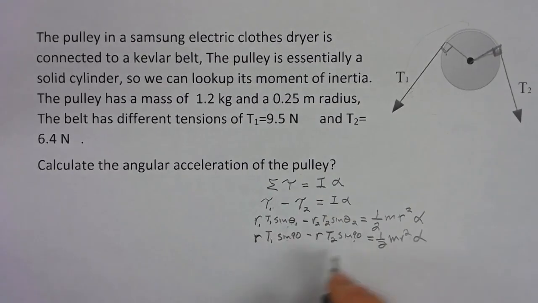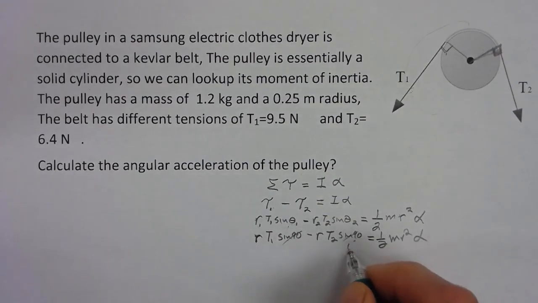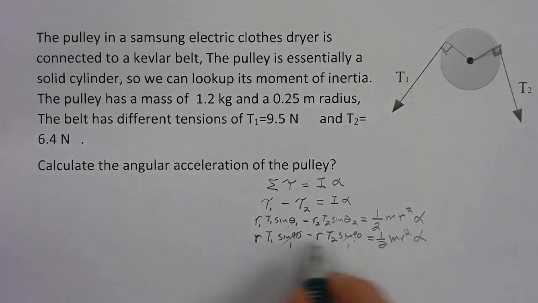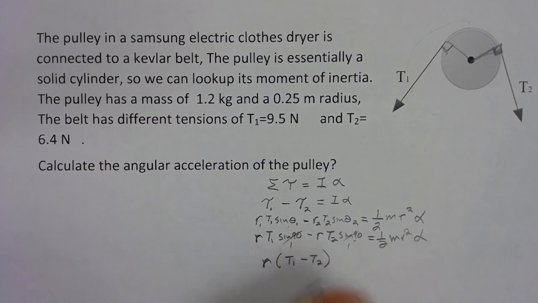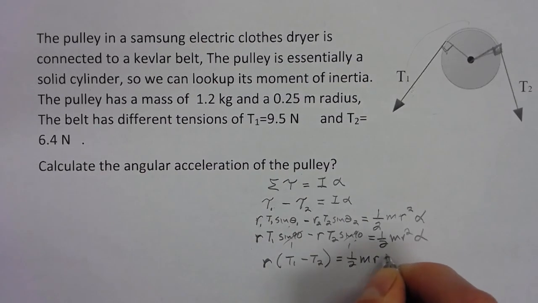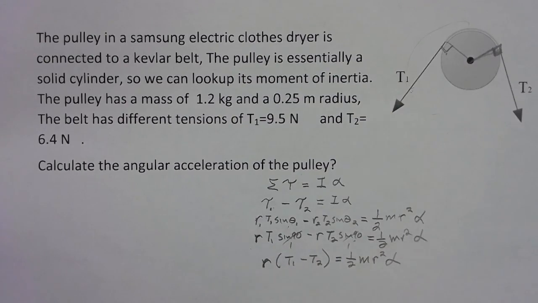So the sine 90s just reduce to 1. And we could pull that r out because it's the same r. r times T1 minus T2 is going to equal 1/2 m r squared alpha.